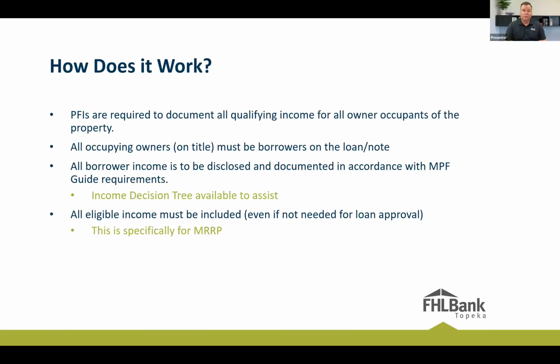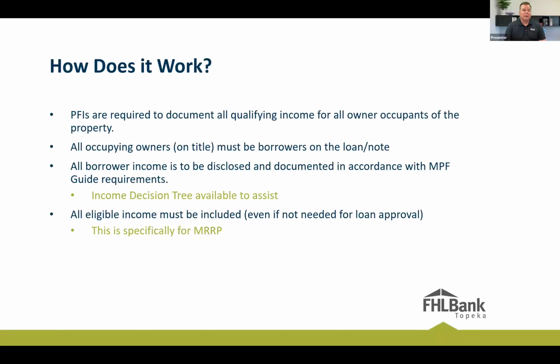So unlike our turnkey products, which if you have a grandmother that lives in the home or an 18-year-old child that lives in the home and works, that income does not need to be included if they are not a homeowner. So if they're not going to be on title, if they are not an owner of the property, it would not need to be included.